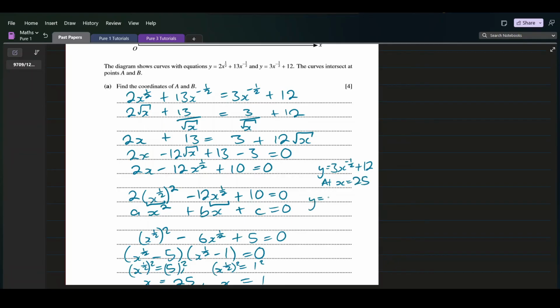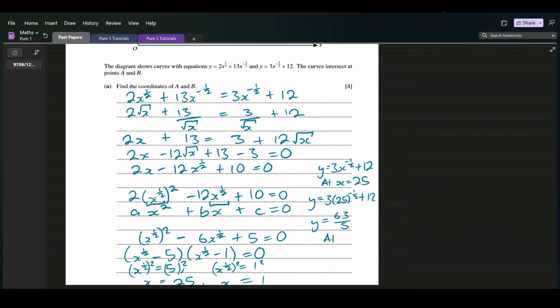So y would be 3 times 25 to the power negative half plus 12. Punch that into the calculator. And that gives us 63 over 5.